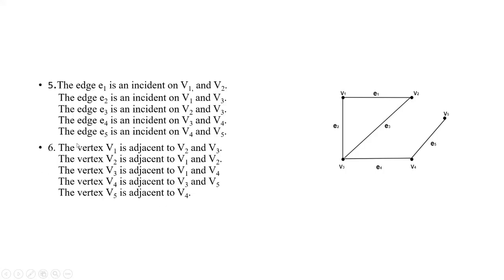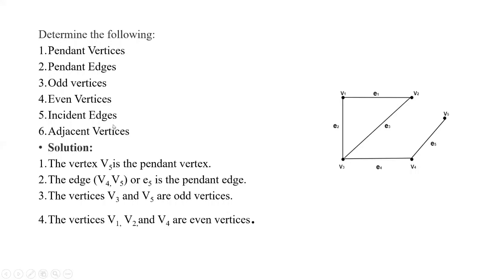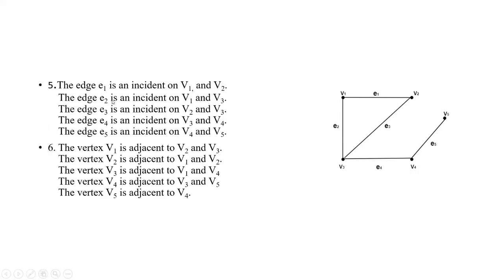Now the incident edges: edge e1 is incident on V1 and V2. Edge e2 is incident on V1 and V3. Edge e3 is incident on V2 and V3. Edge e4 is incident on V3 and V4. Edge e5 is incident on V5 and V4.